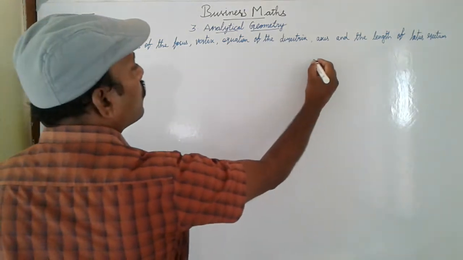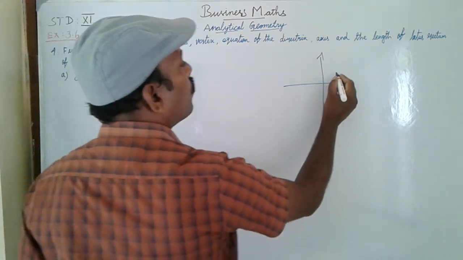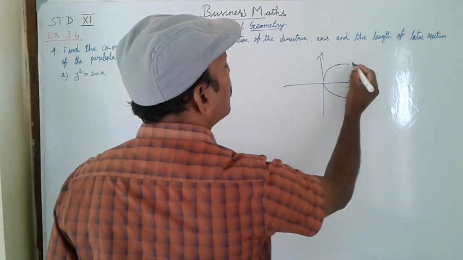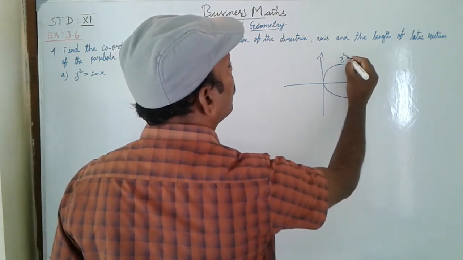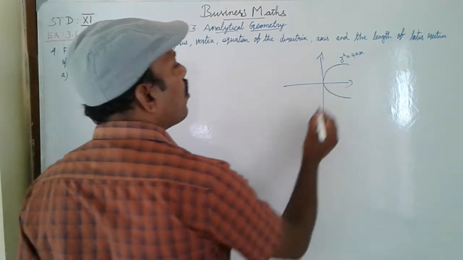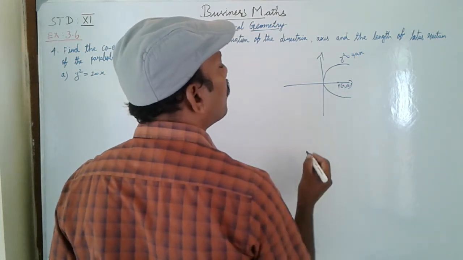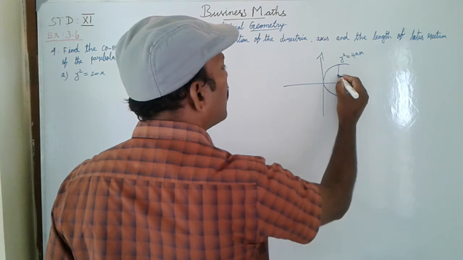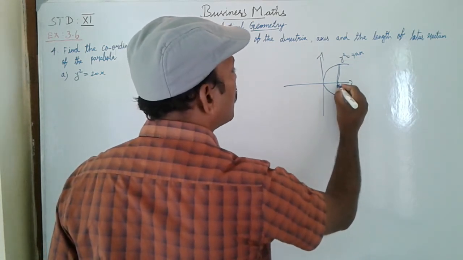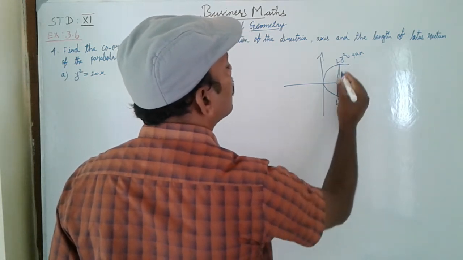Parabola is of four types. We know that. The first one is open rightward. The formula is y square equal to 4ax. Open rightward, then focus is F of a comma 0. L dash is the latus rectum, passing through the focus.